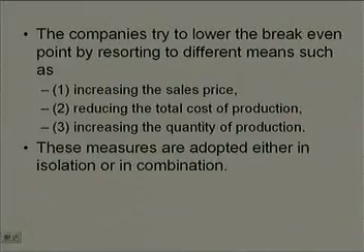And finally, the third point, they can try to reduce the break-even point by increasing the production. What happens when you increase the production? You start increasing the efficiency of your plant or manufacturing unit. Suppose your factory has a capacity to produce 100 units and you have been producing only 60.